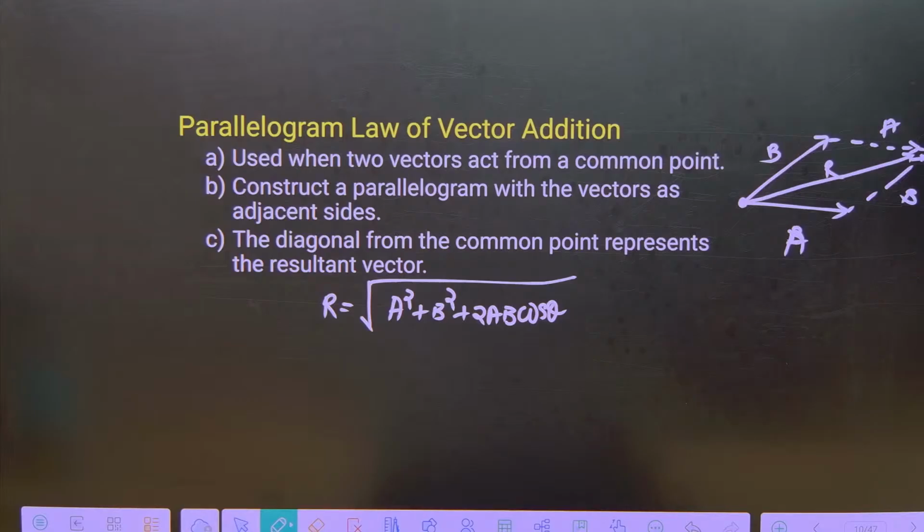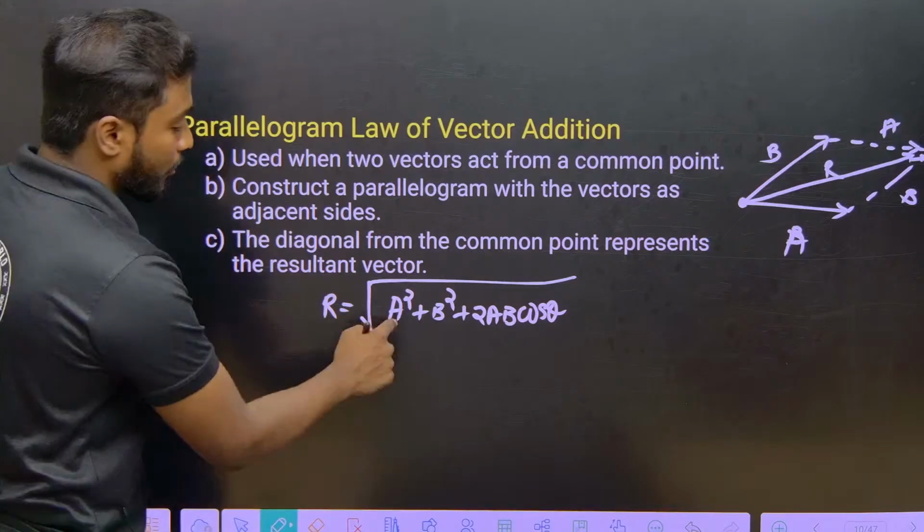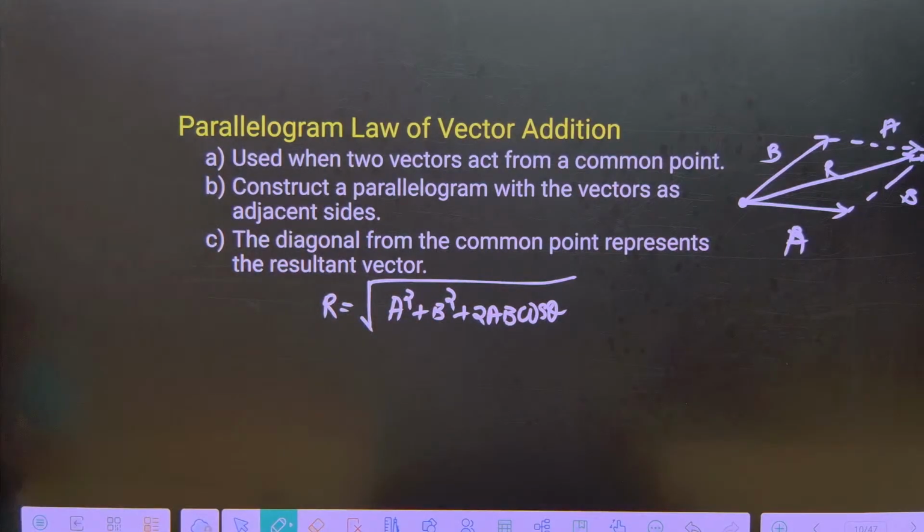For example, consider vector A as 2i cap and vector B as 3j cap, and the angle between them is 60 degrees. If I want to find the resultant vector, R equals under root of 2 square plus 3 square plus 2 into 2 into 3 cos 60, and cos 60 is 1 by 2.